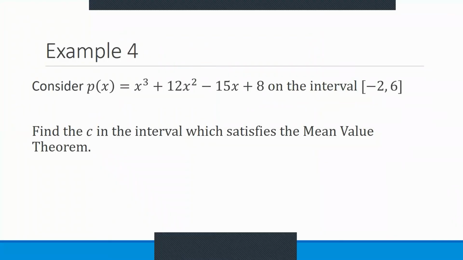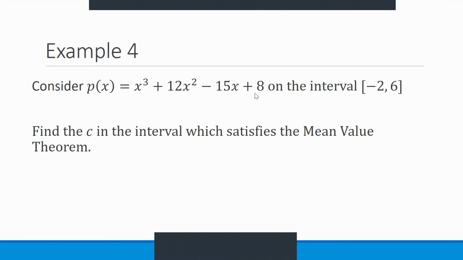Let's look at another example. Consider this third degree polynomial. P of x is equal to x to the third plus 12x squared minus 15x plus 8 on the interval from -2 to 6.